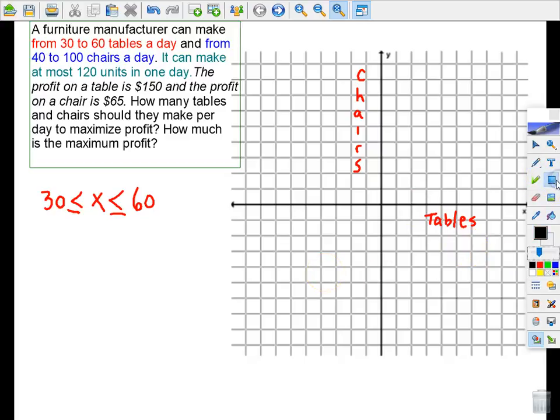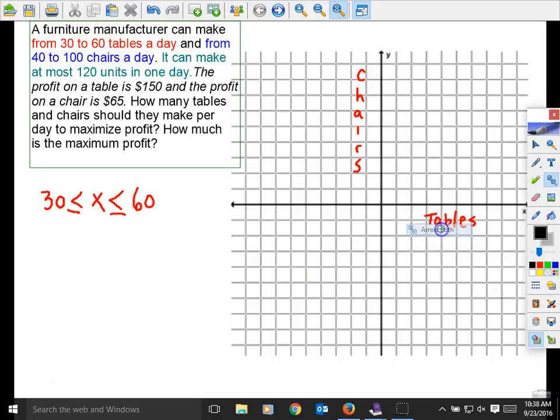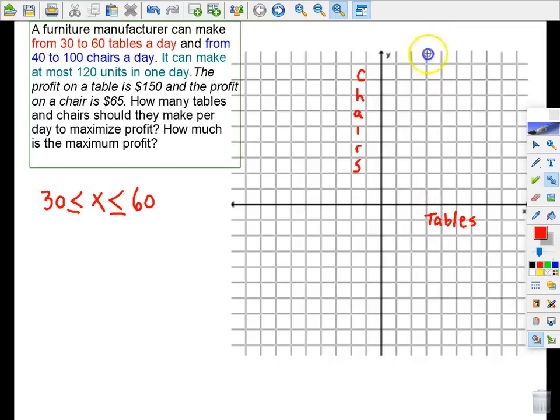Okay, so just grab your straight edge. And remember, these are in tens, 10, 20, 30. There's the line x equals 30. And then we need to go over 3 more and draw another vertical line. X is 60.